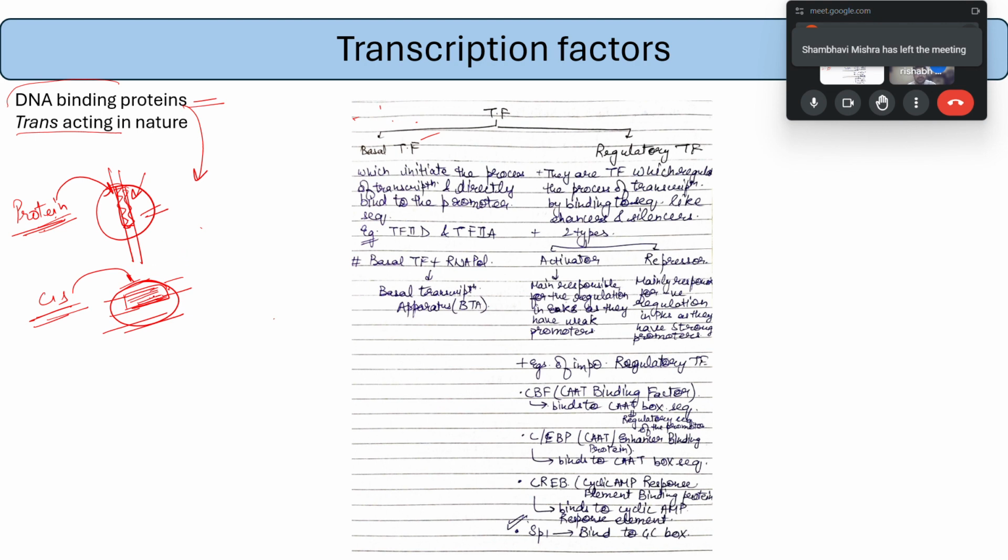So those proteins are cis-acting in nature. And we can see that DNA sequences are specific to specific organisms, so the DNA sequences also are cis-acting in nature rather than proteins. Proteins are trans-acting in nature because they can bind to the same sequence, whether it's from the same organism or from a different organism.